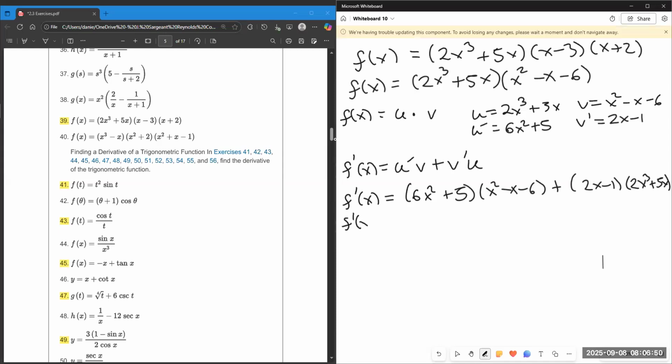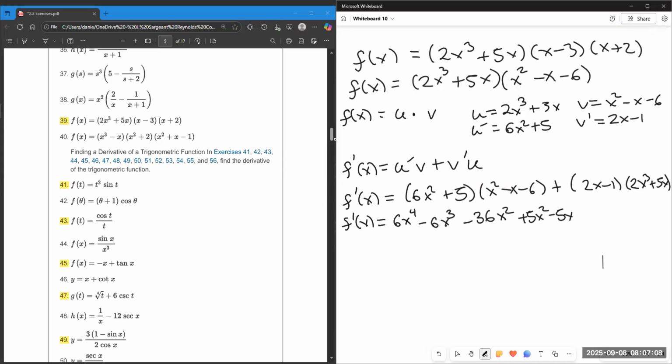So f prime of x is 6x to the 4th minus 6x to the 3rd minus 36x squared plus 5x squared minus 5x minus 30, and then plus 2 times 2 is 4x to the 4th. 2 times 5 is 10.